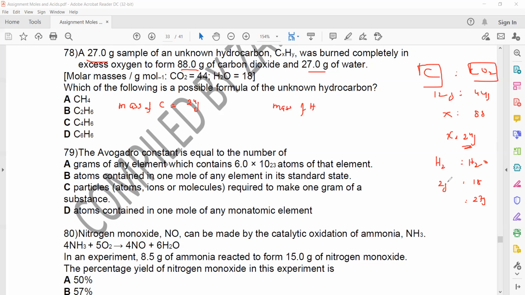It will be 2 multiplied by 27, which is 54, divided by 18. So 2 multiplied by 27 divided by 18 will give us the mass of hydrogen. The mass of hydrogen is equal to 3 grams. Now what we do, we will find the formula here.